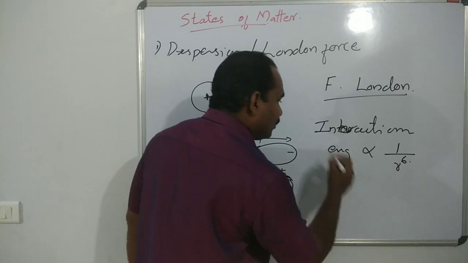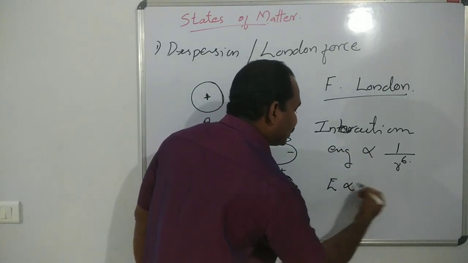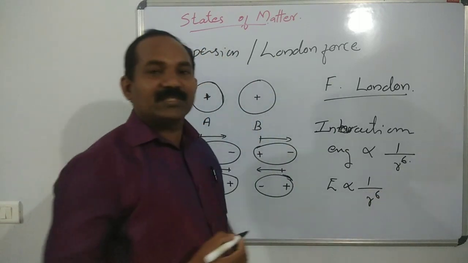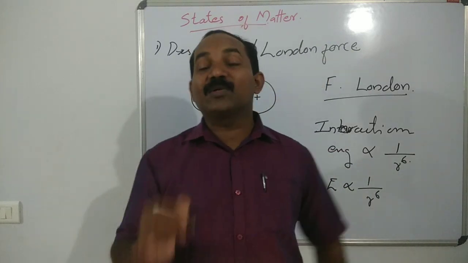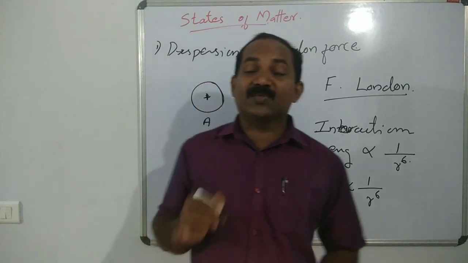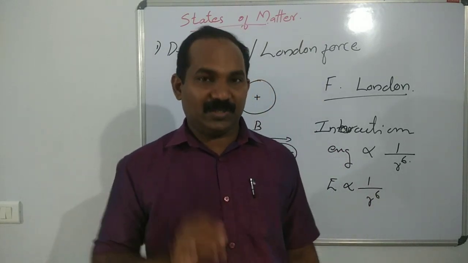We can also say that the interaction energy is directly proportional to 1 by r to the power 6. So what is r? r is the distance between the two particles or two species.